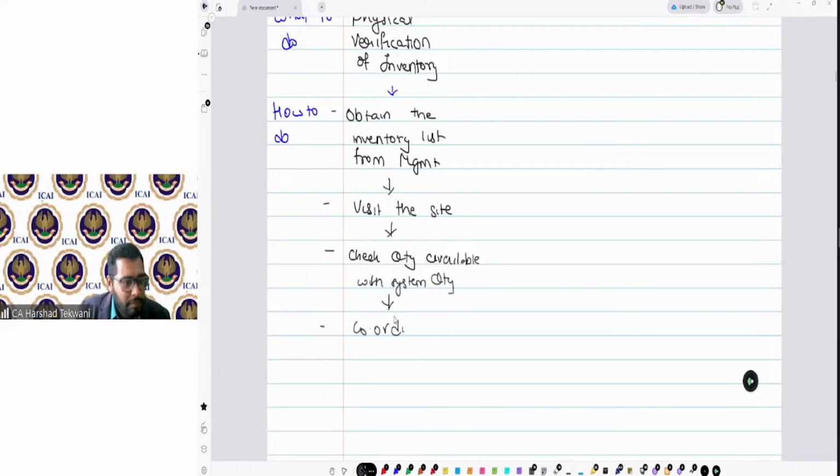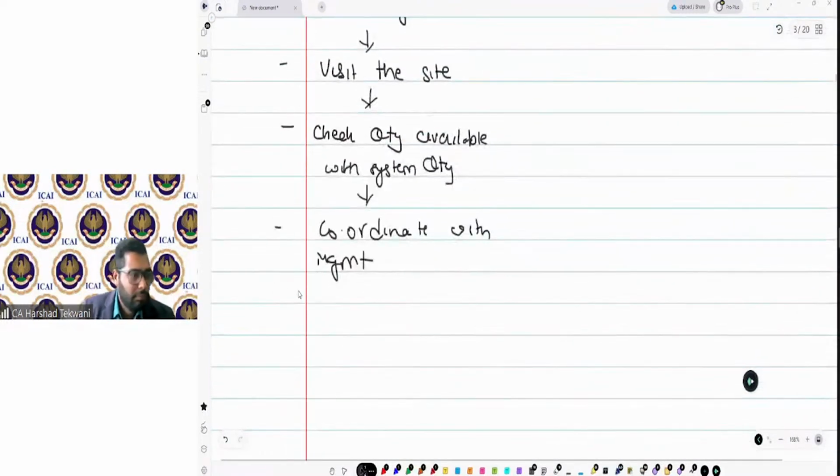Coordinate with management. Then check the method used by management for the physical count.